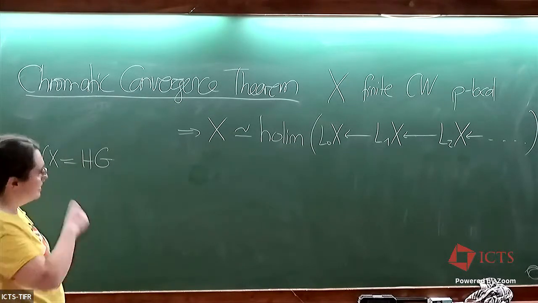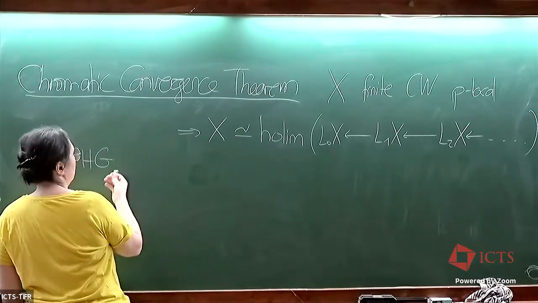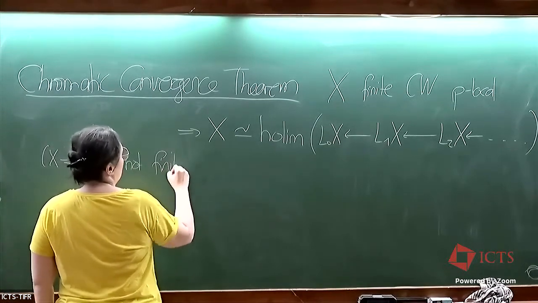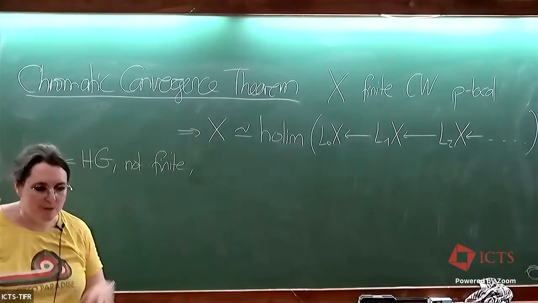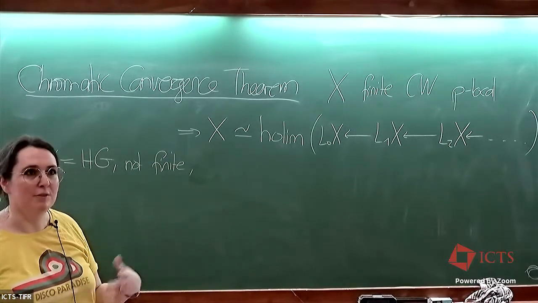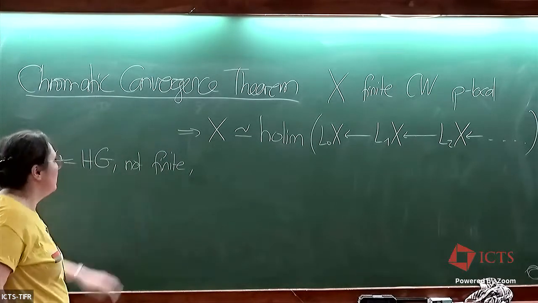Eilenberg-MacLane spectrum, which is not finite, everybody who has ever tried to build an Eilenberg-MacLane space will know that you normally need infinitely many cells to kill all your homotopy, and it's the same for spectra.